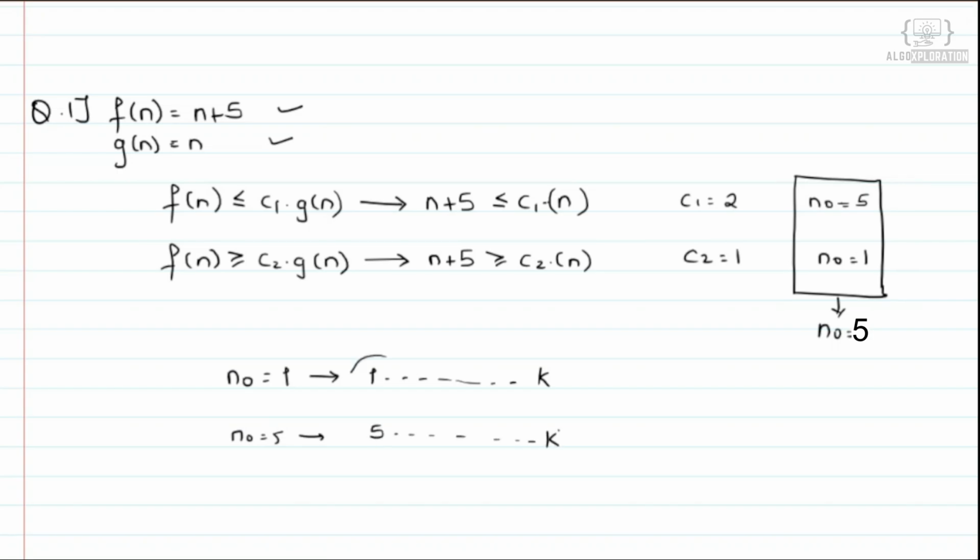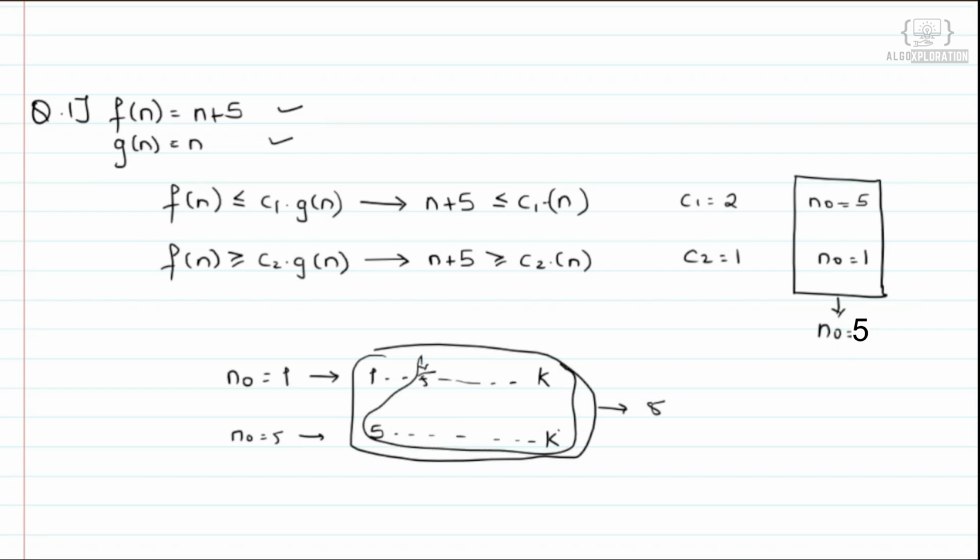The common term between these is 5. So n naught is 5, c1 is 2 and c2 is 1. Now we have these three values, so we can say that f of n is equal to theta of g of n.